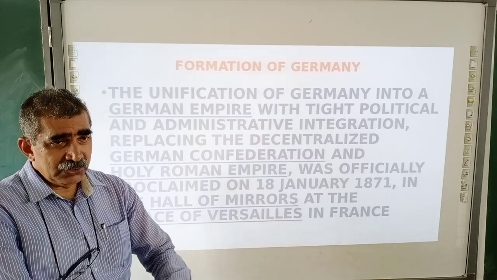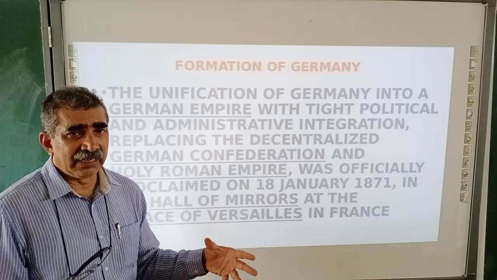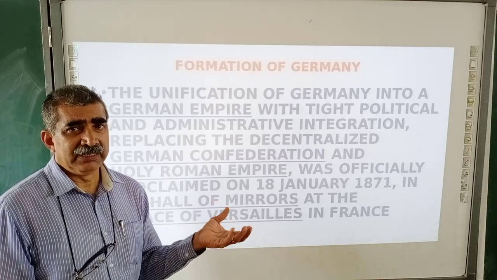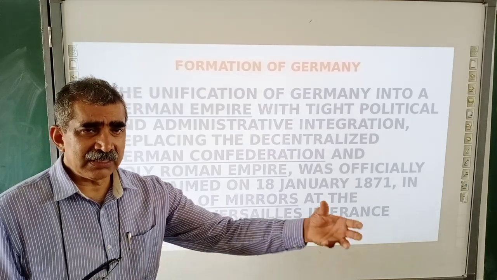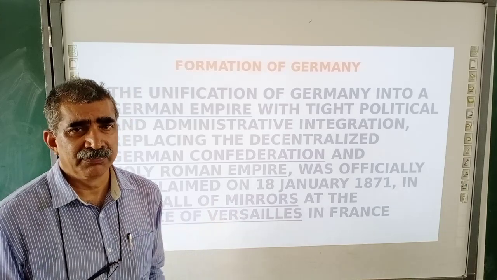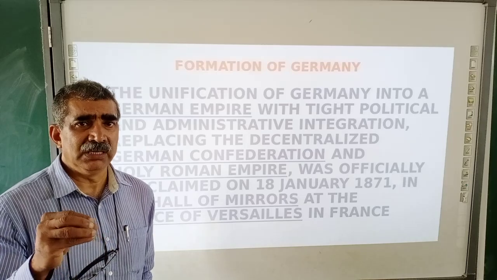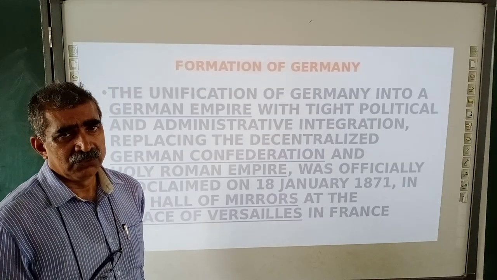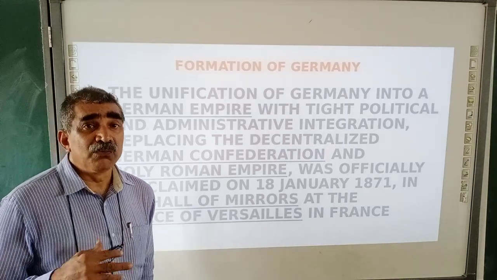Before Germany was unified and had become very strong, England, France, Spain, Portugal, Denmark, Belgium, all these countries had gone out of Europe and conquered different parts of the world. So Germany was not able to have much area to conquer. So that led into a conflict.